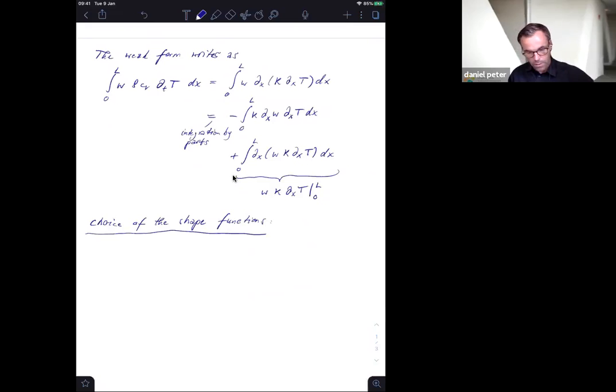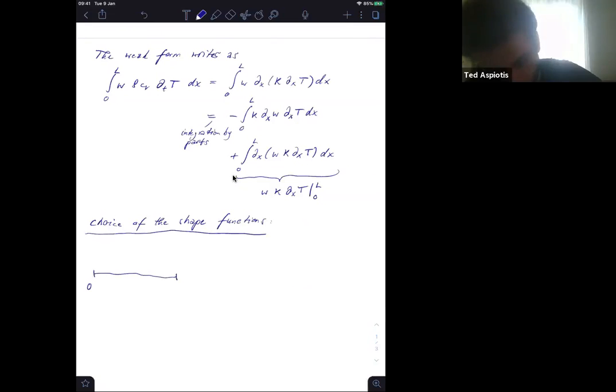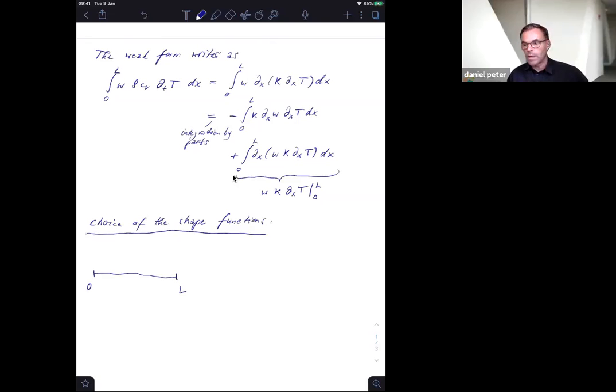So let's start having our domain discretized. We have 0 to L, and now we start discretizing it with elements.